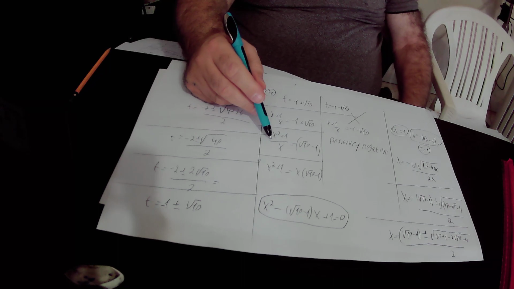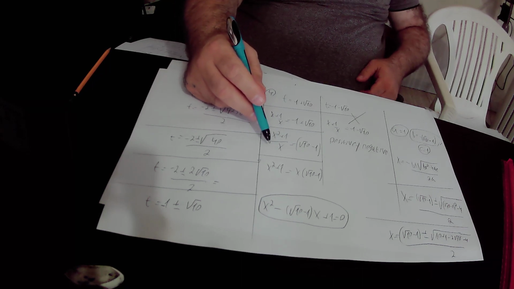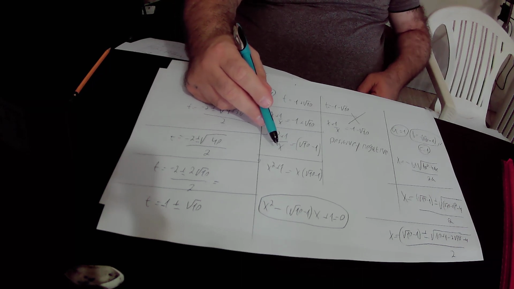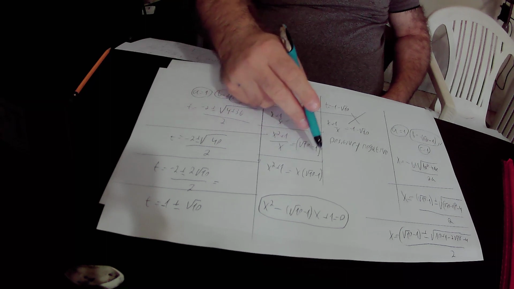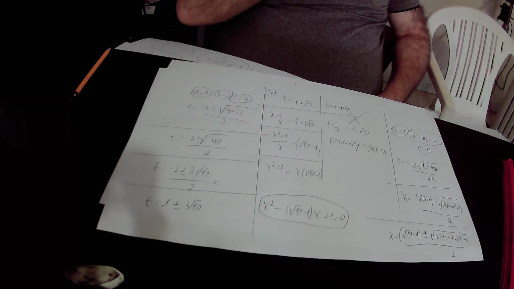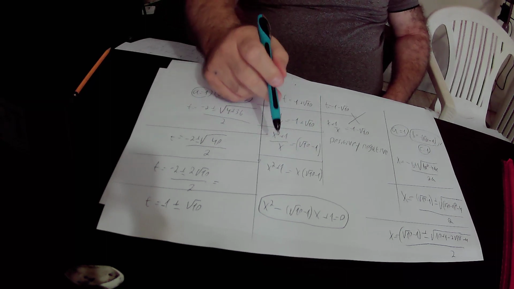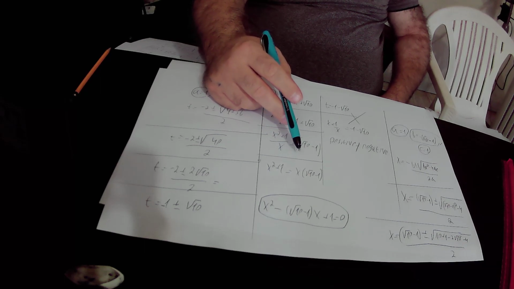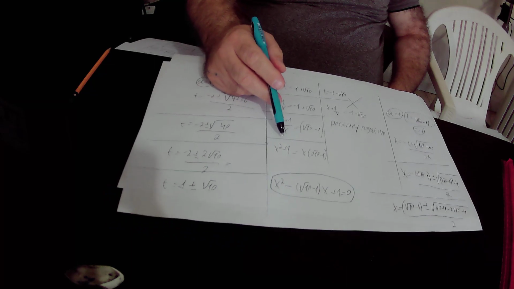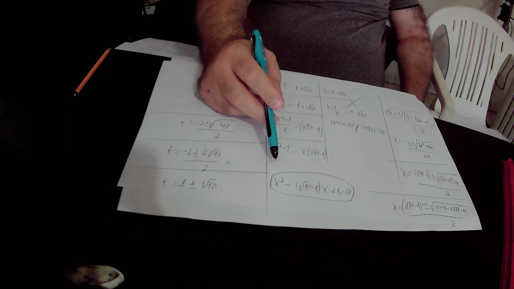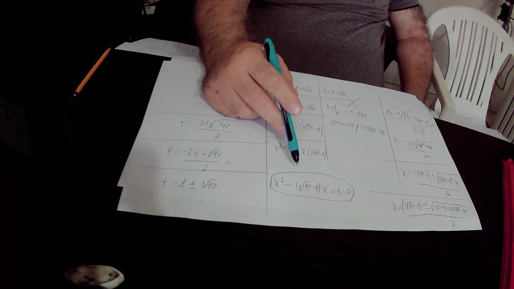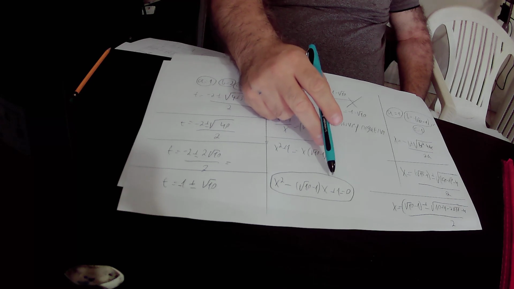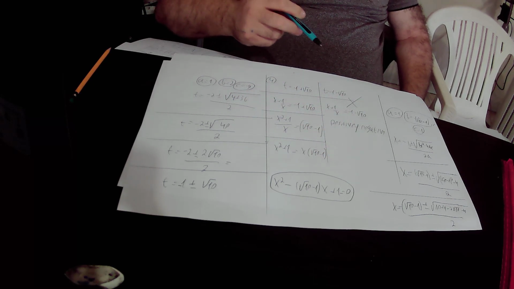Here we multiplied this equation by x, and we got that x squared plus 1 equals x times square root of 10 minus 1. So we subtracted x times square root of 10 minus 1 from this equation, and we got the quadratic equation x squared minus square root of 10 minus 1 times x plus 1 equals 0.